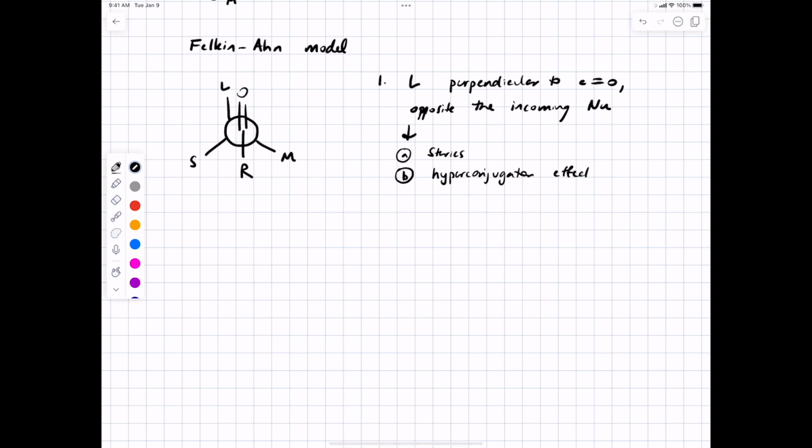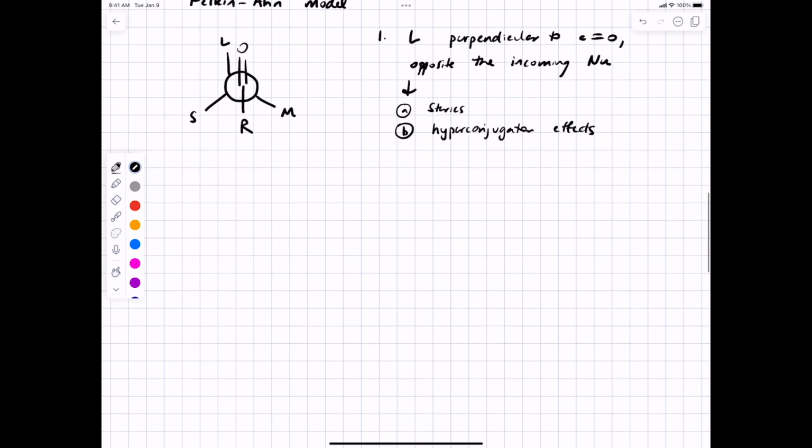So there are two ways to see this, and perhaps depending on context and identity of the groups, one way will be more important than the other. Let's just actually draw the large group. Let's see, if we rotate this large group down, that would put the medium group here versus the small group there.